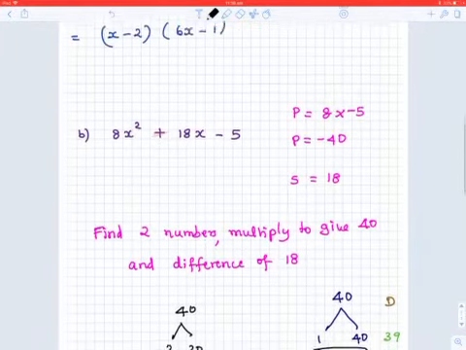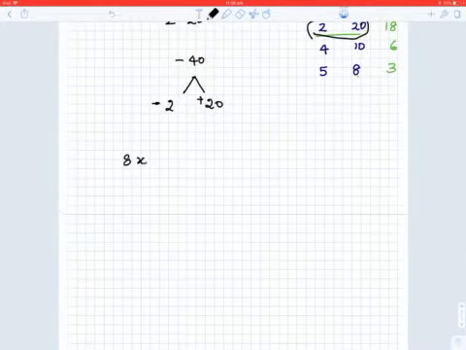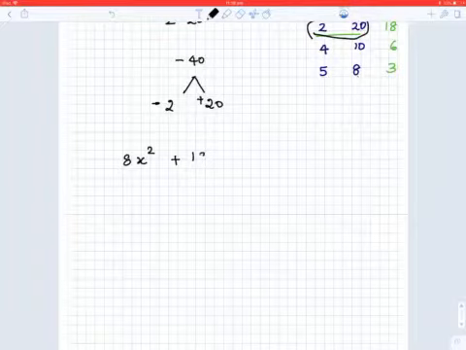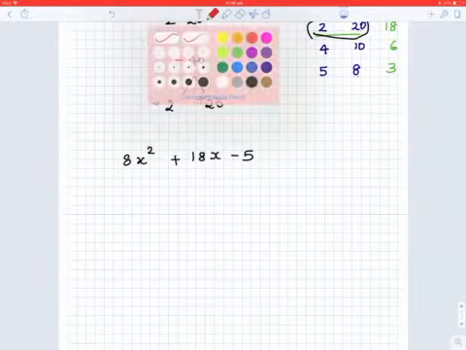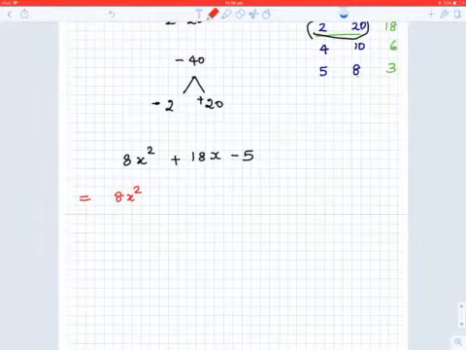Now I go to the question. My question is 8x squared plus 18x minus 5. As usual, I'm going to write the 8x squared as it is.